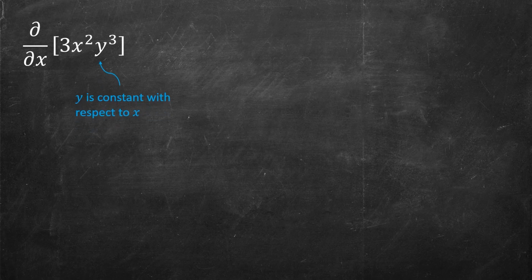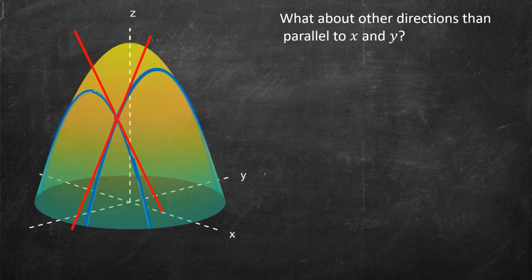And because it's constant with respect to x, when I take its derivative, I can treat it the same way as if it was, say, 7 cubed here. In which case, 3x squared times 7 is easy. You just do the power rule, and you say it was 6x times whatever the constant was, in this case, y cubed. So computing partial derivatives is just a question of everywhere there's a y, you just imagine it's a constant. You take the derivative with respect to x as you would have done before.